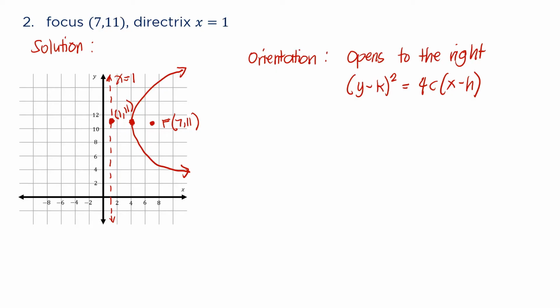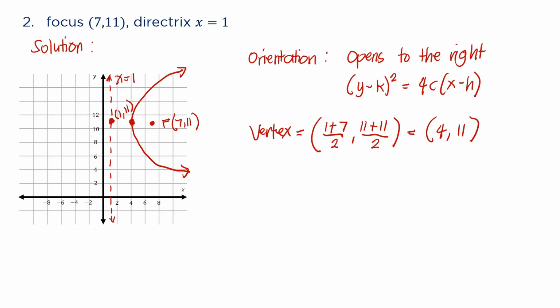Using these two points, the vertex is equal to the midpoint. Add the x-coordinates: 1 plus 7, divided by 2. Then add the y-coordinates: 11 plus 11, divided by 2. So we have (4, 11). So we now have our vertex, and the values of h and k.